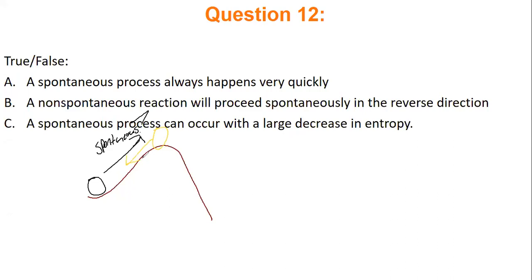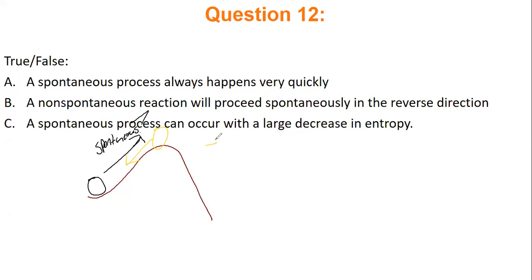So if I put the boulder at the top of the hill, let's just assume it's not on a completely flat place. Let's assume it's on a peak. Eventually, that will go down the hill. Spontaneous. Another example, my pen dropping from my hand, hitting the table. Spontaneous.